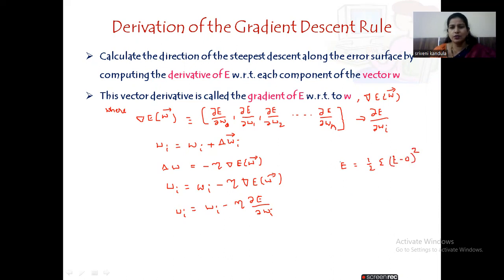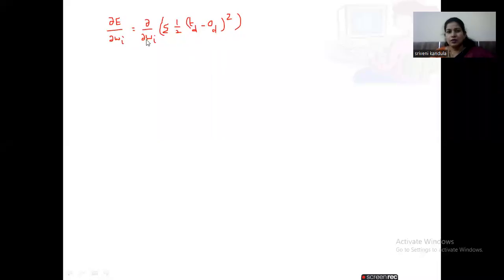Now I have to perform a partial derivative on this with respect to W. That means I want to compute ∂E/∂W, where E is half sigma over d of (Td minus Od) whole square, which should be differentiated with respect to the weight Wi. Let's see the derivation of this.